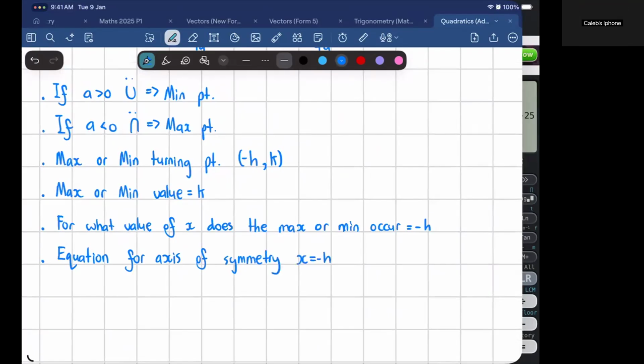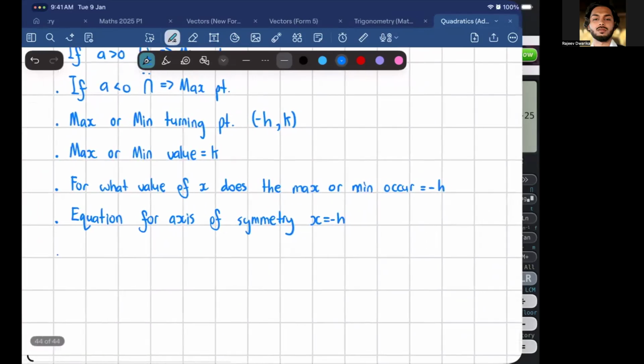So these are the things that you need to know. And some extra things. Do you all know how to solve for x using the completing square form? Yes or no? Come on, one time. Because this is the last day I'm going to do completing square, so if you have any questions and doubts, tell me now.